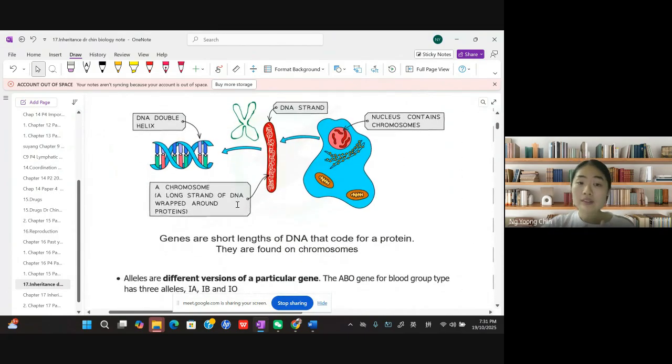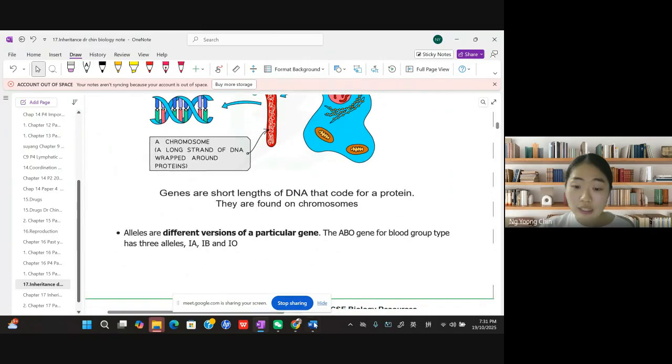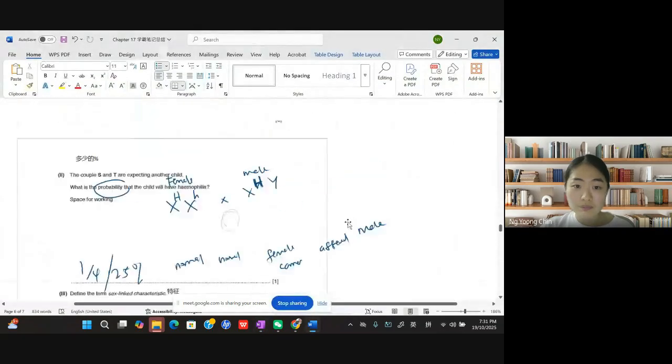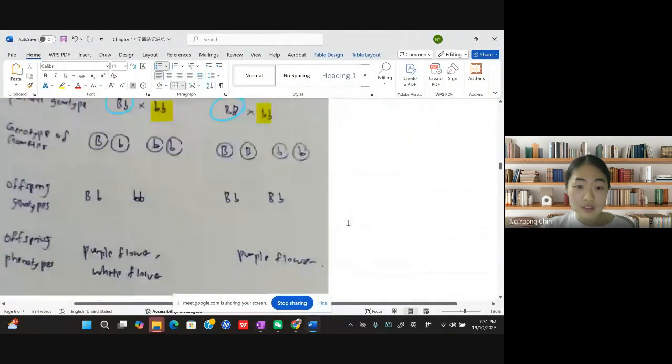So remember the difference: the DNA is the long, large and complex strand. The gene is just a portion, a short length of the DNA. And the chromosome, which has the butterfly-like shape, is formed when the long strand of DNA is fully condensed together with proteins. I'm not sure if I put this in the notes or not.